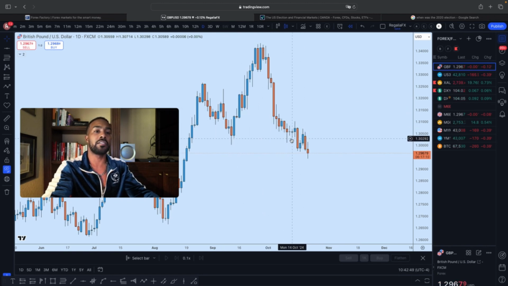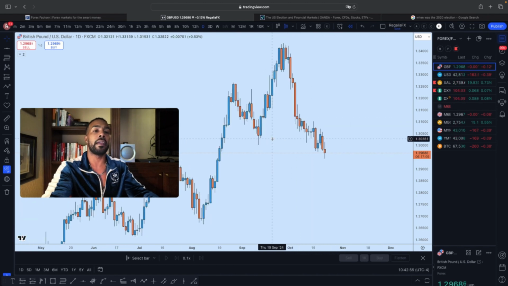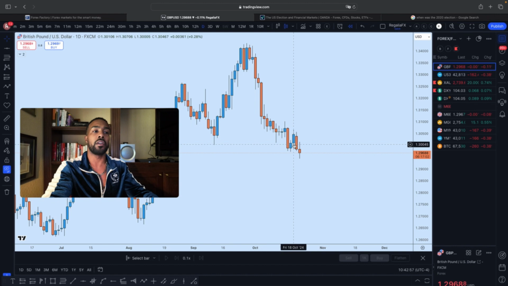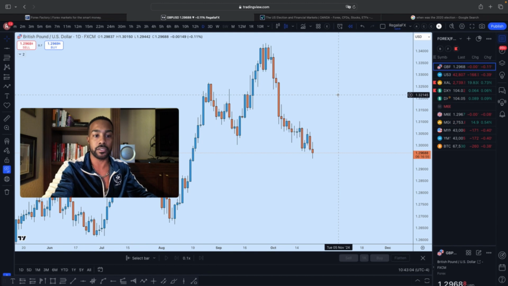So going into the election, I predict we're probably going to have more movements like this. We may have an accumulation phase where the market will consolidate, and then we're going to wait for a breakout and a clear trend before really putting the gas back on these trades.